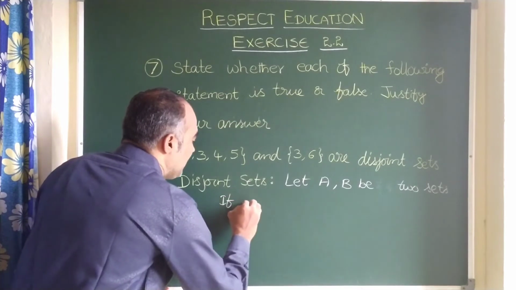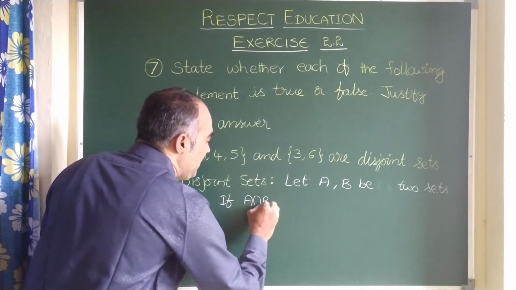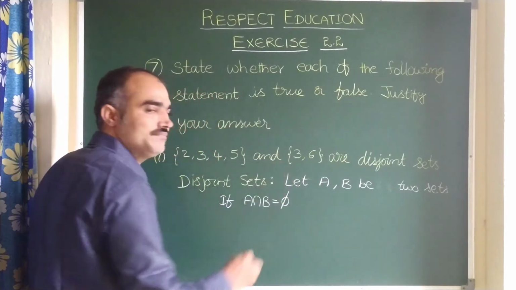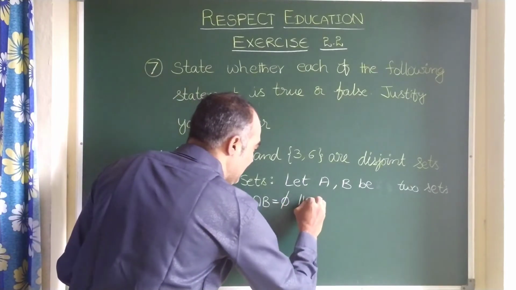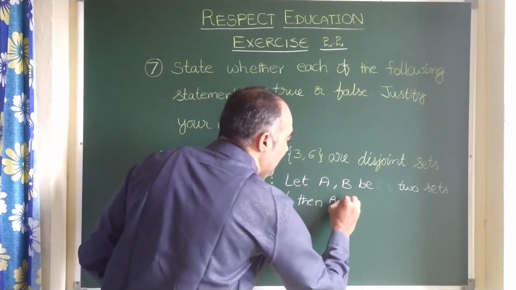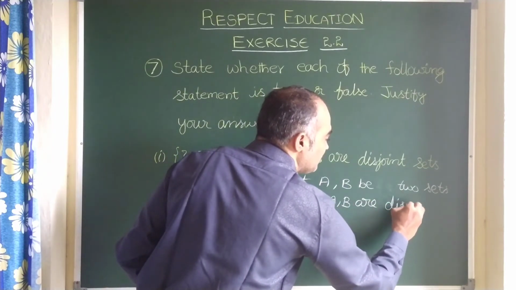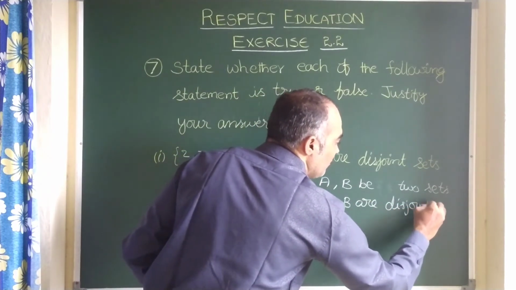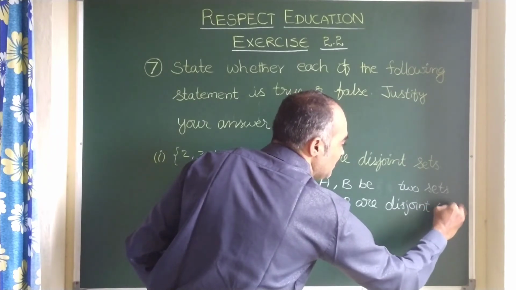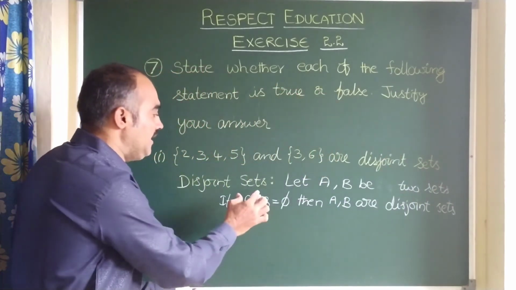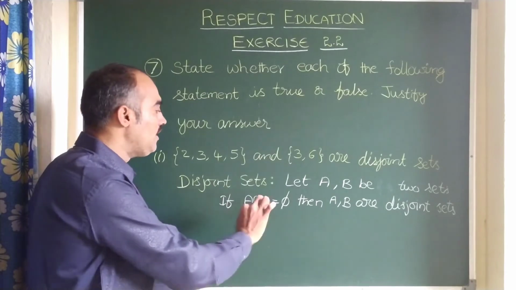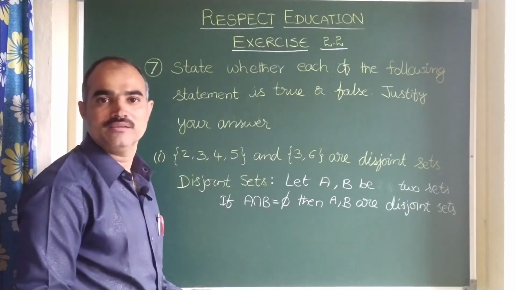If A intersection B is the empty set, then A, B are called disjoint sets. Right? That means A and B should not have any element in common.